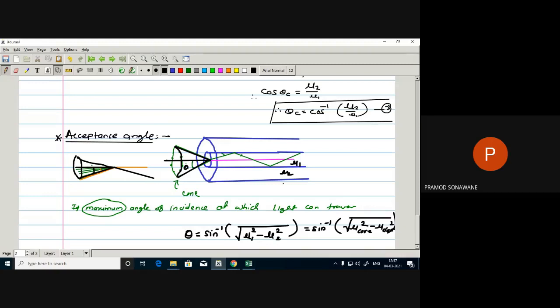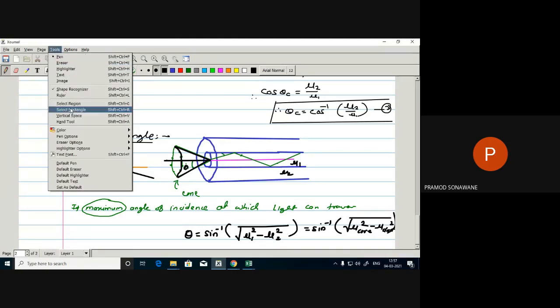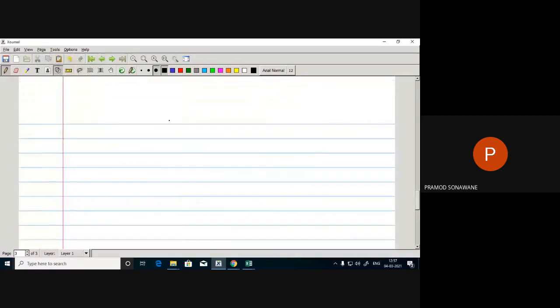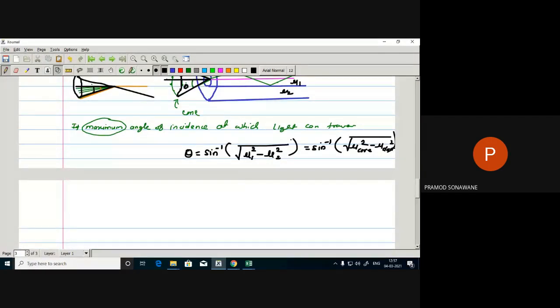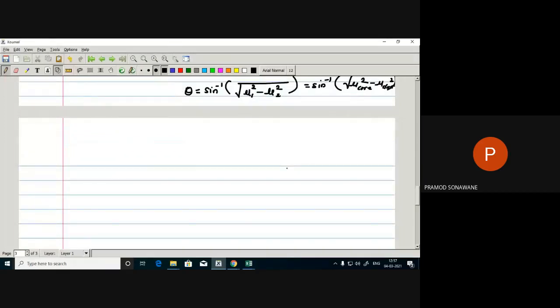Okay, I'll take 5 minutes more and we'll finish the next point. Now we have to focus on this first diagram. Now I'll draw with a different fashion.